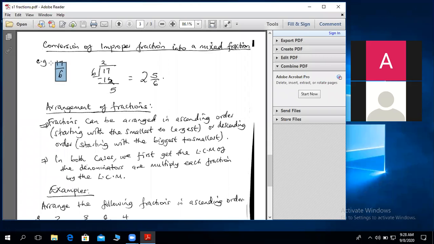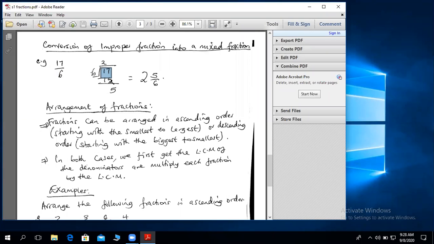Though sometimes in secondary we shall allow it, if you have 17 out of 6 and you want to convert it to a mixed fraction, you can try using long division. You get 17 and divide by 6. It does not go in fully, but it will give you 2 and a remainder.